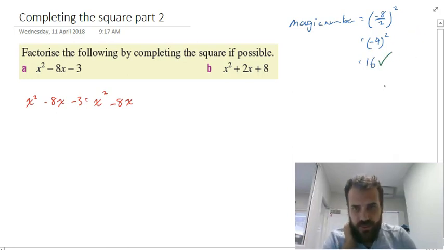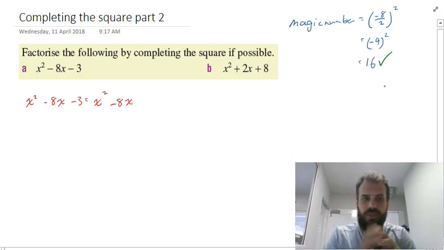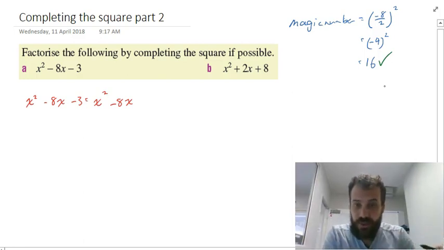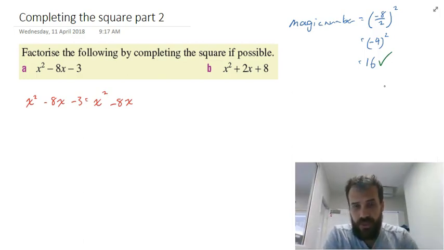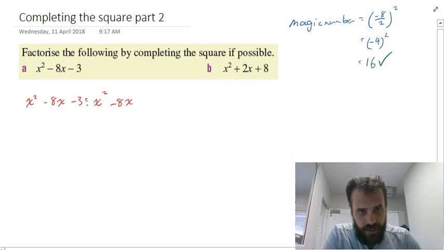So what we're going to do is something really strange. We're going to add it and we're going to subtract it. So I'm going to do it in a different coloured pen so you can see what's happening. Equals x squared minus 8x plus 16 minus 16 minus 3.